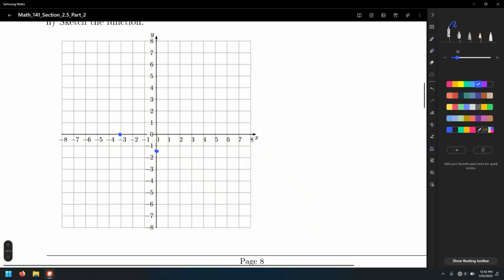The next piece of information that we got were the vertical asymptotes, and there's only one vertical asymptote, and that is at x equals 2, right? We're going to use red for vertical asymptotes. Well, actually for all asymptotes. And what else did we get? Horizontal asymptote, y equals 1.